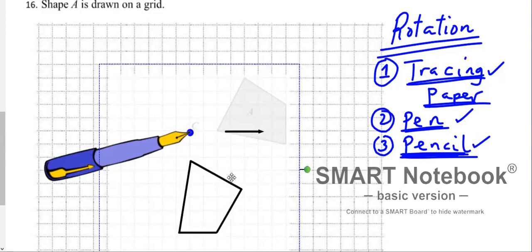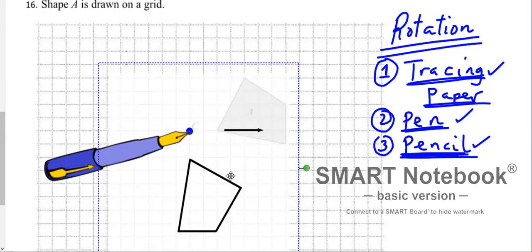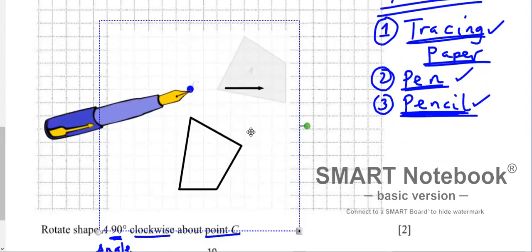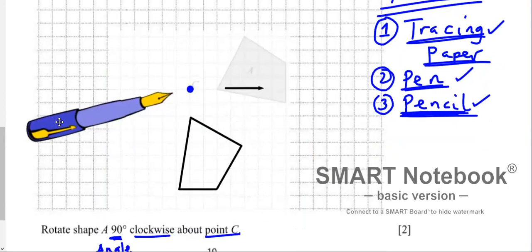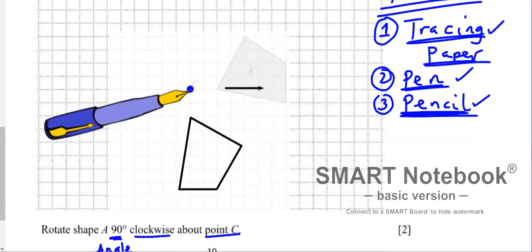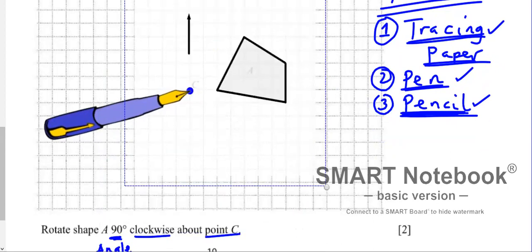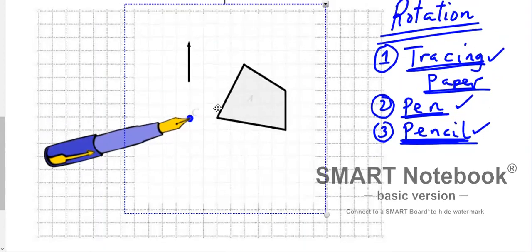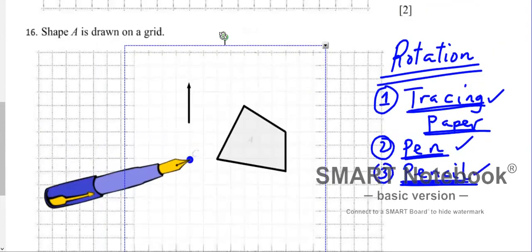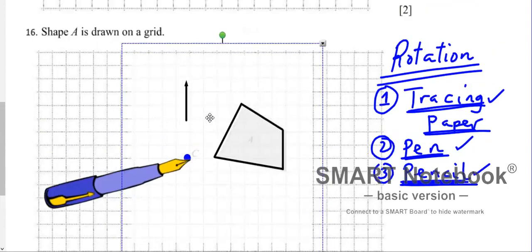Now, after doing that, we have to make sure that we locate the points where our new shape is. We have to locate where our new shape is. All right? Let us try one more time.